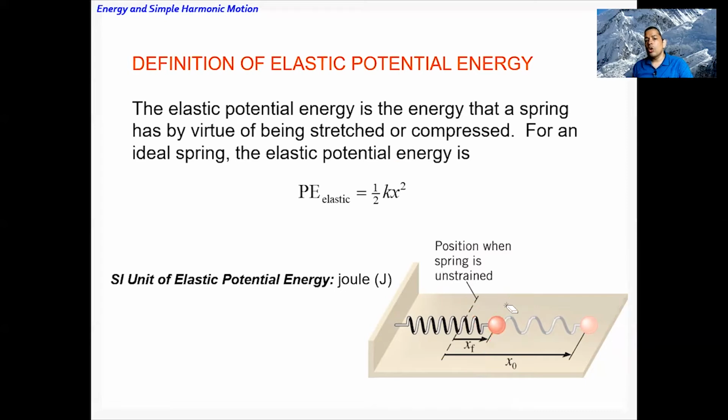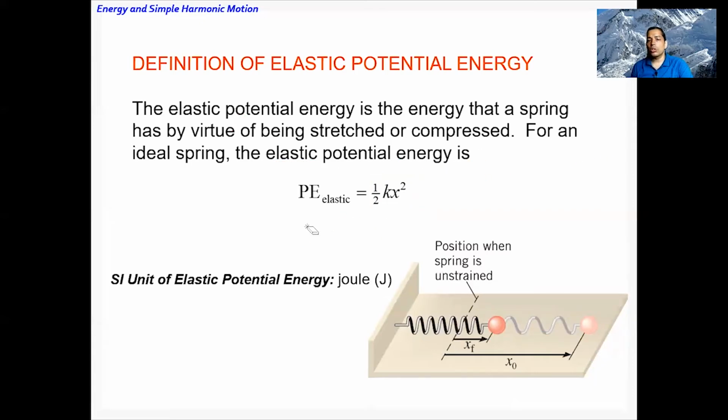Meaning when the spring is stretched or compressed, the spring has potential energy. So the potential energy of a spring is given by 1 over 2 kx squared. By the way, this kind of potential energy is also called elastic potential energy.